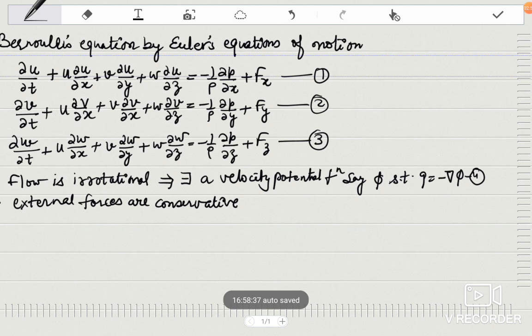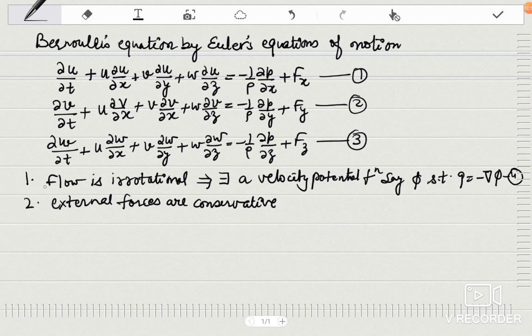There is one more implication from the flow being irrotational, that curl of q is equal to 0, which implies you will get 3 components from curl of q. One component will give you ∂u/∂y = ∂v/∂x, because you will get ∂u/∂y minus ∂v/∂x is equal to 0.